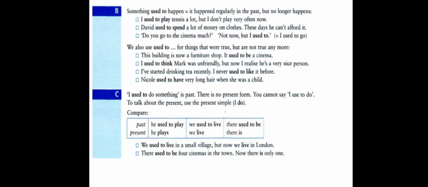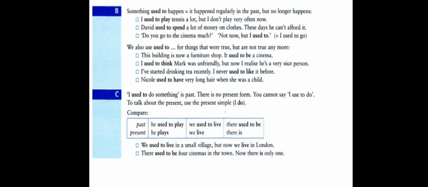There used to be 4 cinemas in the town. Here, a past situation. We can say there were 4 cinemas in the town, or we can say there used to plus the base form of be. If we use used to, we must follow it by the base form.